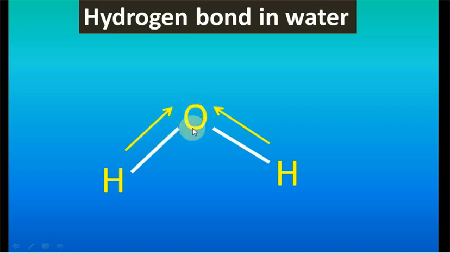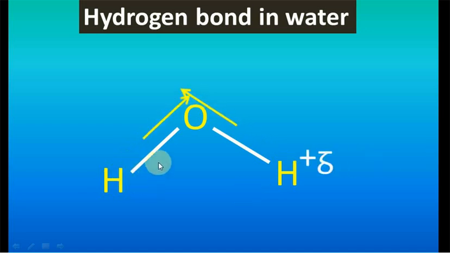So water will be polar, because the electrons will be on oxygen more of the time than on hydrogen. The electrons of the bond spend more time on the oxygen of water than on the hydrogen. So oxygen will be negative and hydrogen will be positive, a partial positive and partial negative charge.